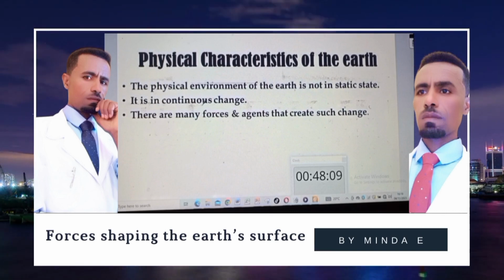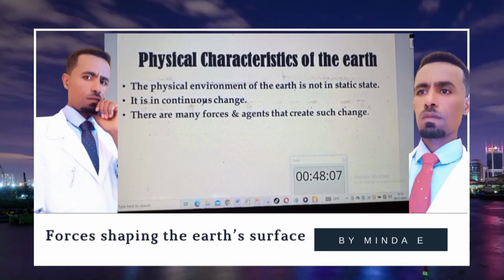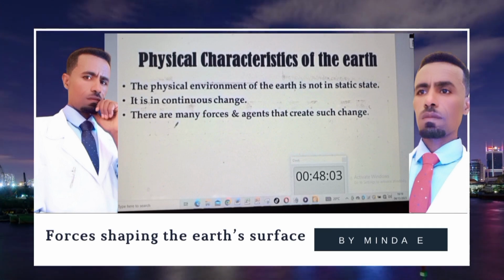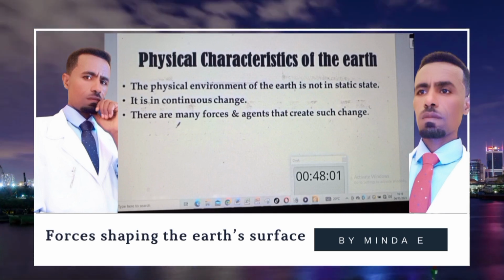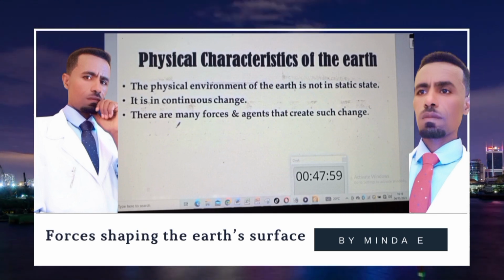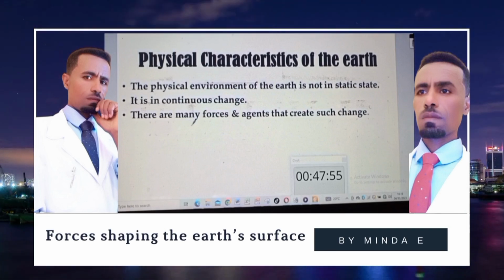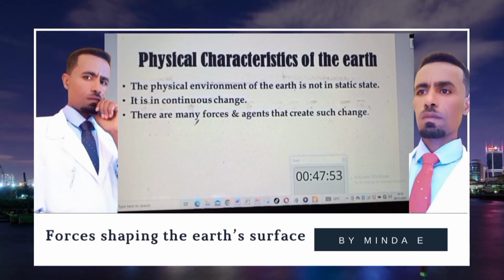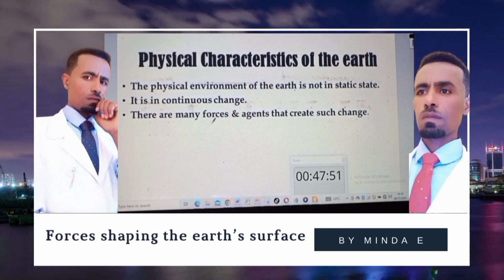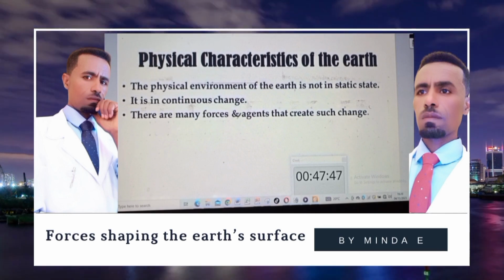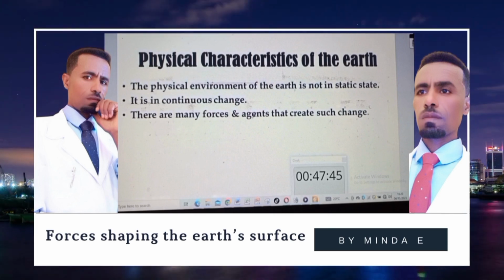The environment is in continuous change. That is not static. There are many factors which change the surface of the earth, what we call forces and agents. Many forces and agents create the change on the surface of the earth.